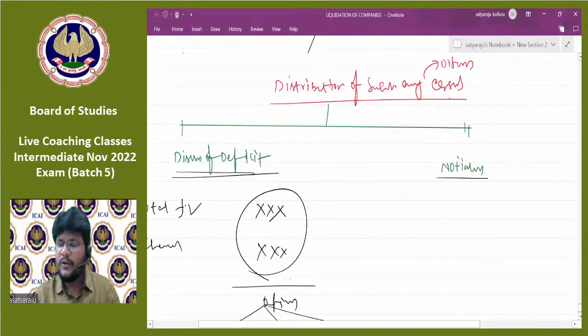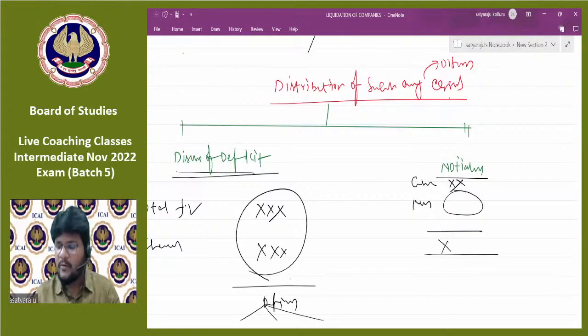Sir, what about the notional call method, sir? Under the notional call method, the liquidator just assumes that the entire unpaid value needs to be called. First, we start with cash availability, then the notional call, then we know the total cash availability after making the notional call. Am I right? Once you have made the notional call, all the existing classes of equity shareholders will have equal face value and equal paid up value. Then you can distribute this amount of cash equally among all the equity shareholders.